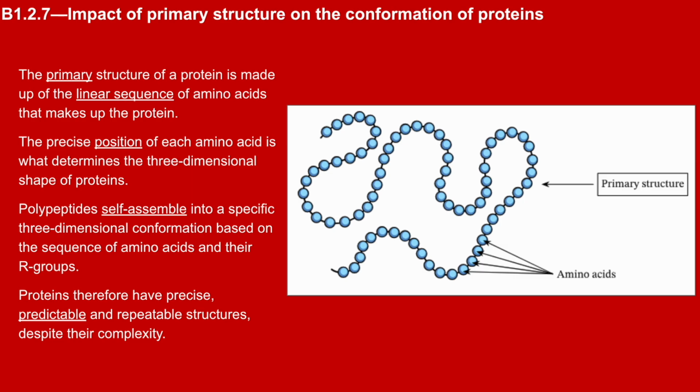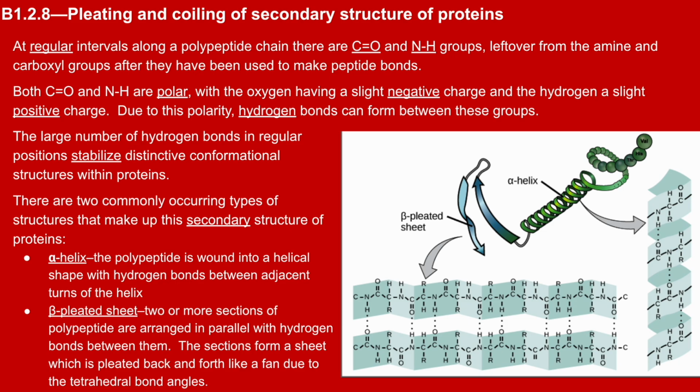First up, the primary structure of a protein is simply the order of amino acids as coded for by DNA. But we can then move on to secondary structure, because at regular intervals along the polypeptide chain, there's going to be those C double bonded to O and NH groups that were left over from the amine and carboxyl groups after they were used to make a peptide bond during that condensation reaction.